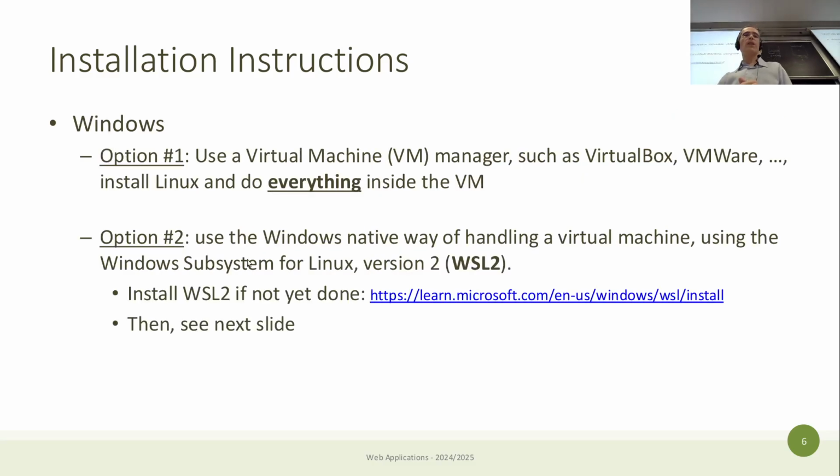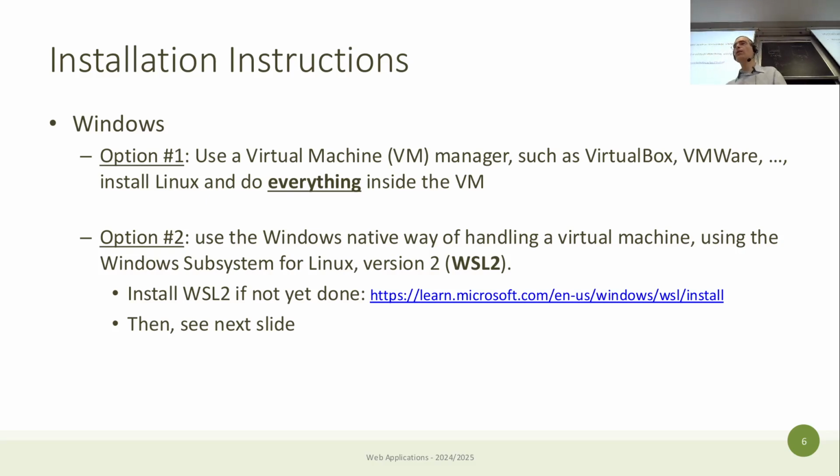Option number two is to use what is called the Windows Subsystem for Linux, which nowadays ships with every Windows. Basically you tell Windows to install Linux besides Windows, and it's a sort of virtual machine, but more managed by Windows.